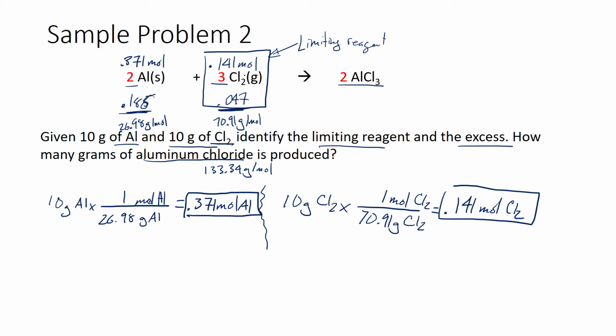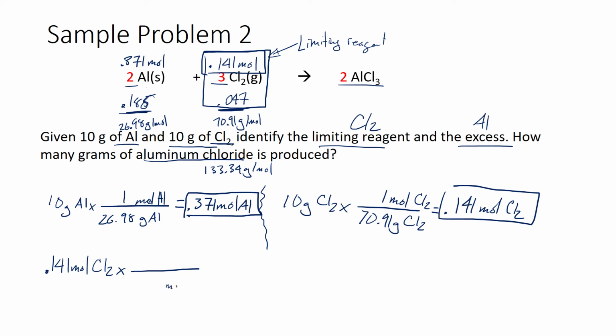Okay, now that I've identified the limiting reagent, which is chlorine, and the excess being aluminum, how many grams of aluminum chloride is produced? Well, let's start with something that we know. We know that we have 0.141 moles of chlorine gas. Let's get out of chlorine and into the chemical we want, which is aluminum chloride.